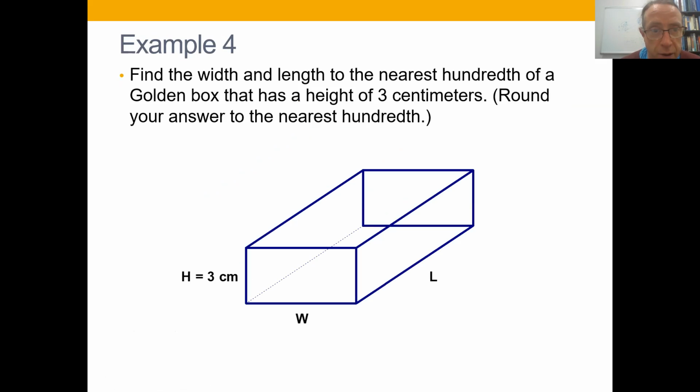As you can see in this example 4, I have a box with a height of 3 centimeters, but what I want to do is find W and L that will make the box a golden box. So, taking one measure, can we find the missing values W and L?